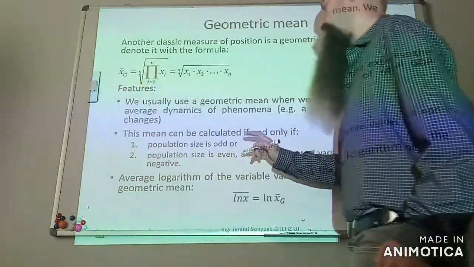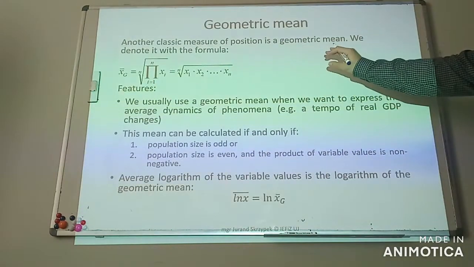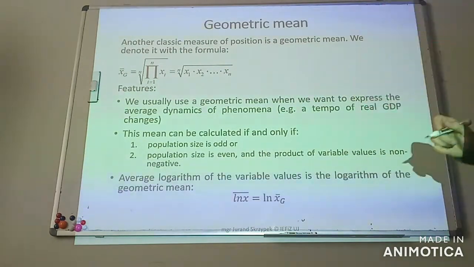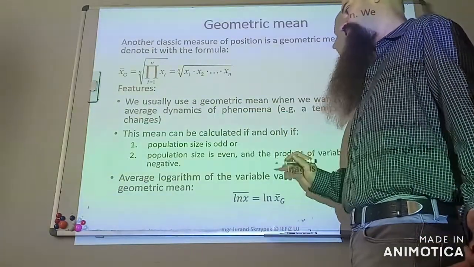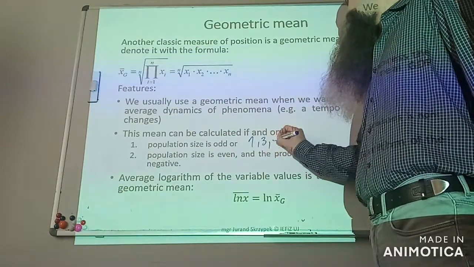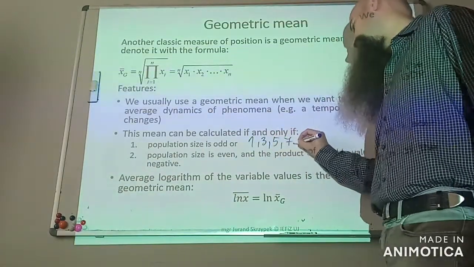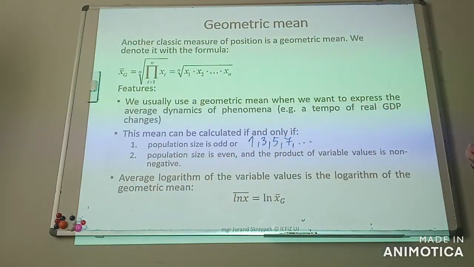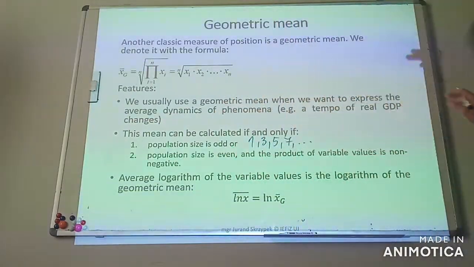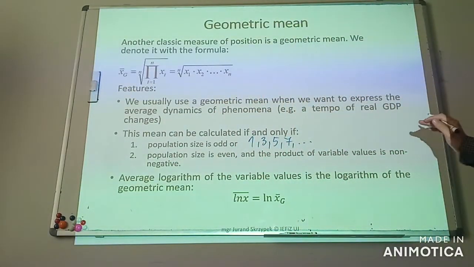This geometric mean can always be calculated if the population size is odd. You know, odd numbers: 1, 3, 5, 7, etc. So if the population size is odd, it is okay. We can always compute our geometric mean.